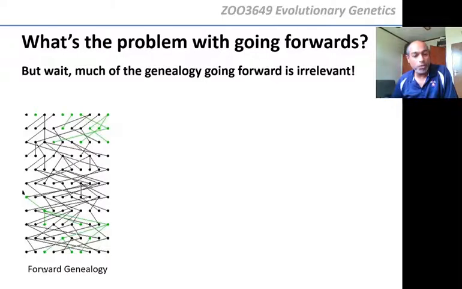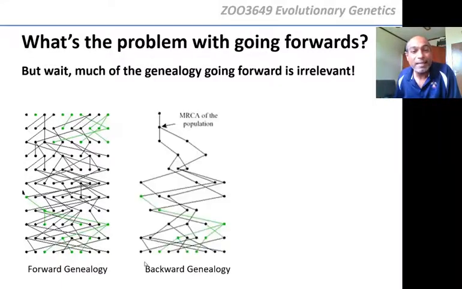Okay? Because if you actually want to see what the important part of this Wright-Fisher population is, what's the important part of this whole Wright-Fisher population? It's not everything that you see here. It's not everything. It's this. This is the only important part. This is the very same population, but it's showing only the important lineages of descent. Okay?